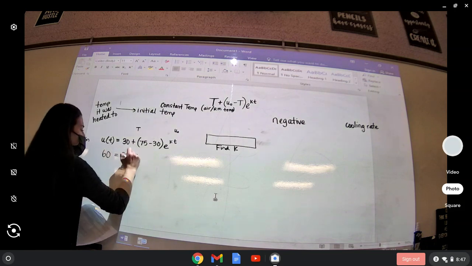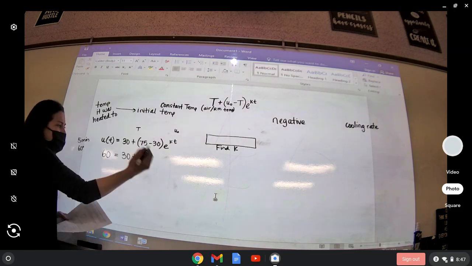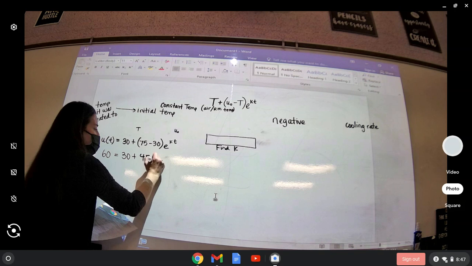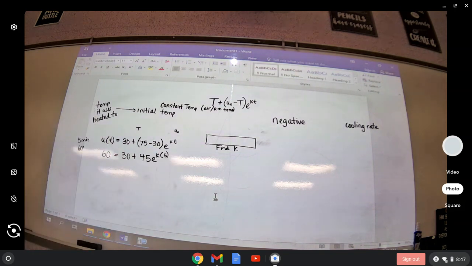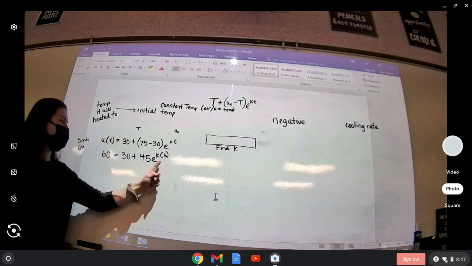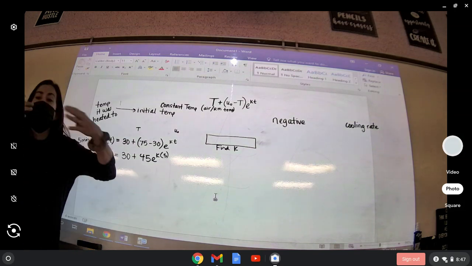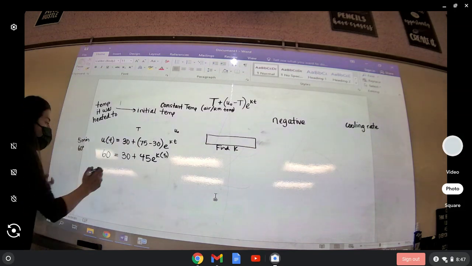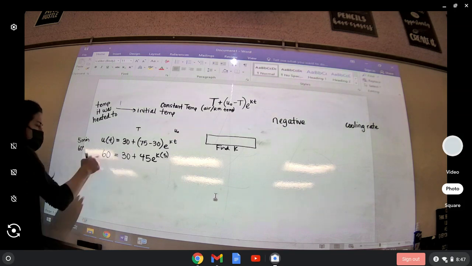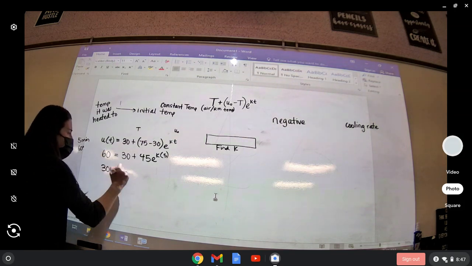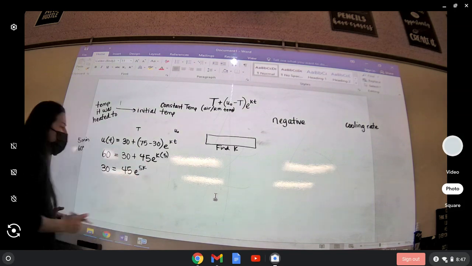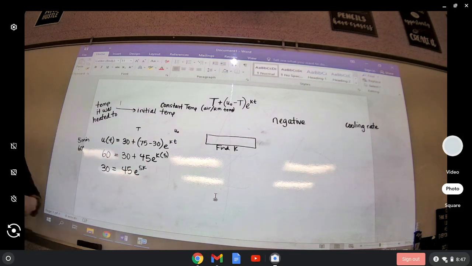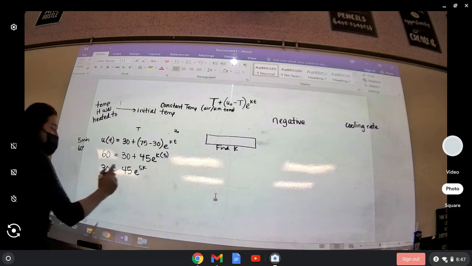So then we're gonna get 30 plus, well guys, 75 minus 30, that's 45, times e to the k times 5, because time is 5 minutes here. And now our job is to solve this for K. What's this cooling rate? All right, first we're gonna subtract the 30 away. So we're gonna get 30 equals 45 times e to the 5K. Get the base of your exponential alone, so divide the 45 away.